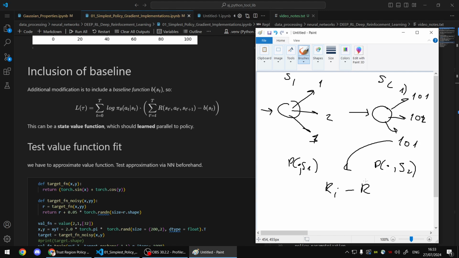But then if you think about it, if the reward were something like the current reward for action i minus the average, it would be the same 1, 2, 1, he wouldn't have even realized that there's a difference.